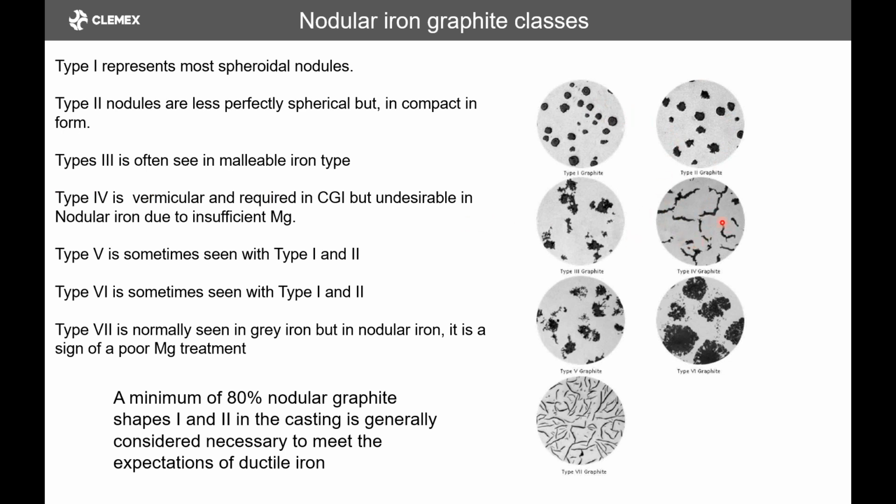But if we're doing CGI, that's what we're looking for. These two here sometimes end up mixed with the two main ones, 5 and 7. Generally, 80% of nodular graphite shape 1 and 2 is what is required as a result in the nodule count.